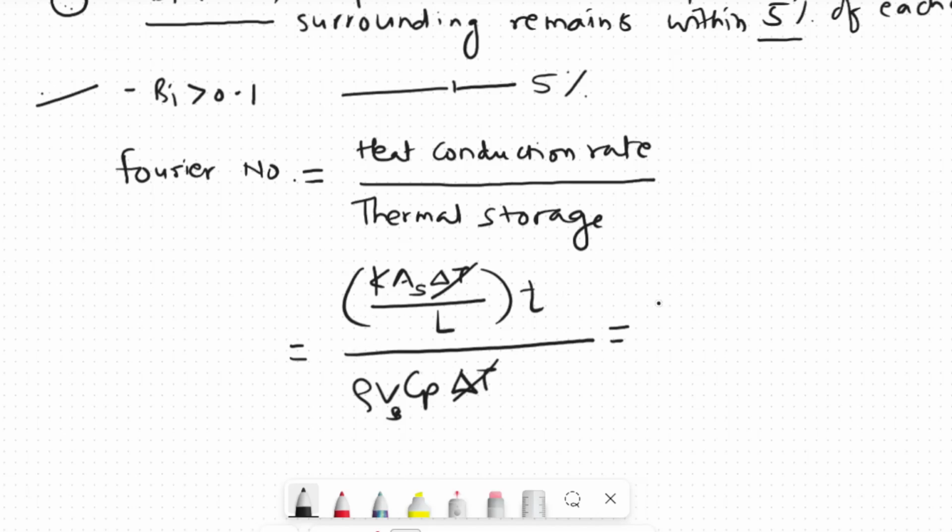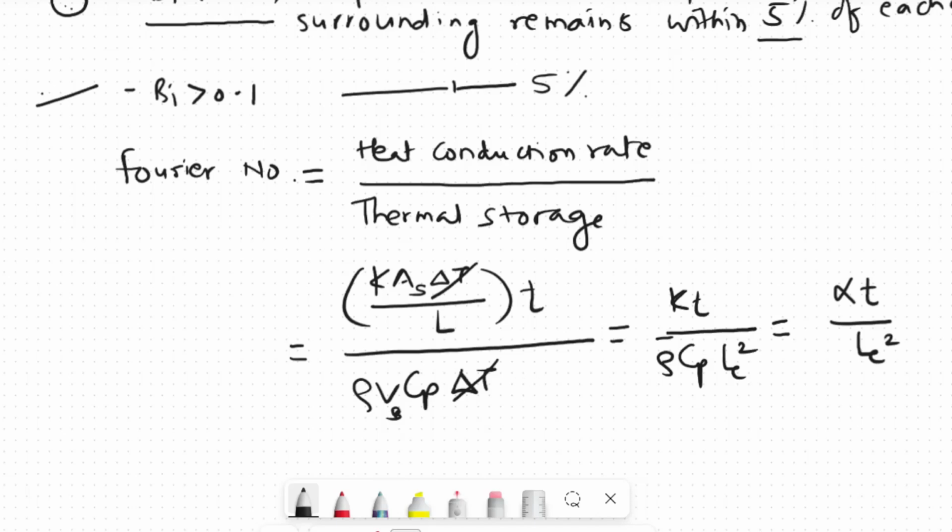So I can rewrite this equation as K A into t by rho Cp into Lc square. We know that K by rho Cp is alpha. So alpha into t by Lc square.